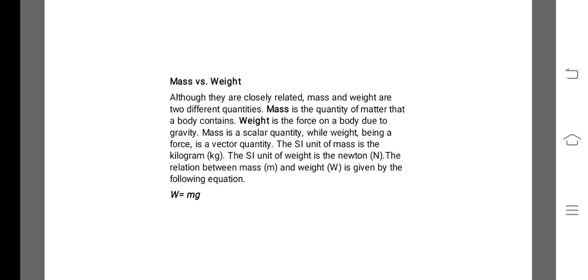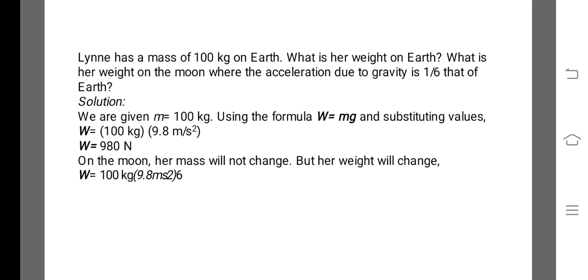So take note of this formula, because that will be the formula that you will be using in solving your activity later on in the later part of the module. W equals mg. Again, W for weight, m for mass, and g for gravity.